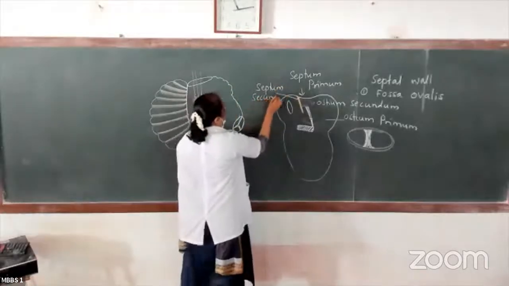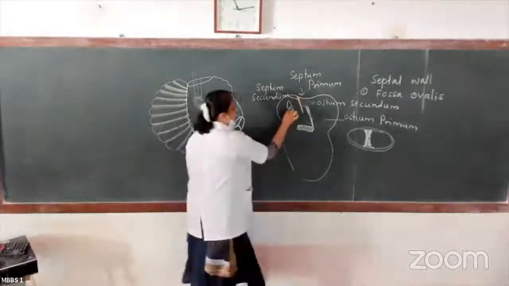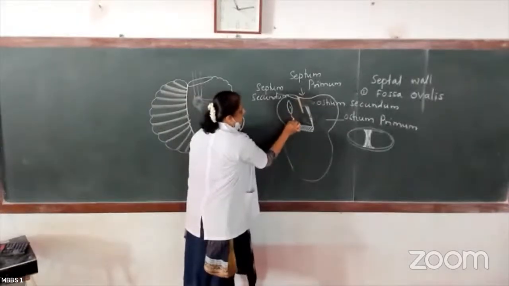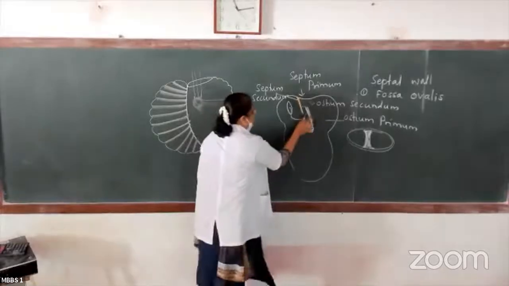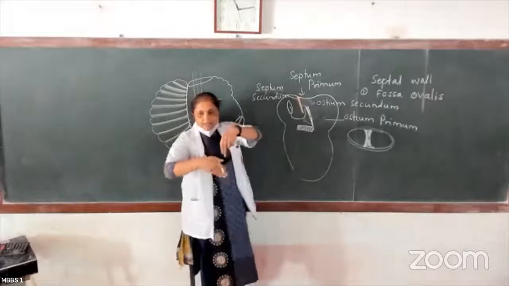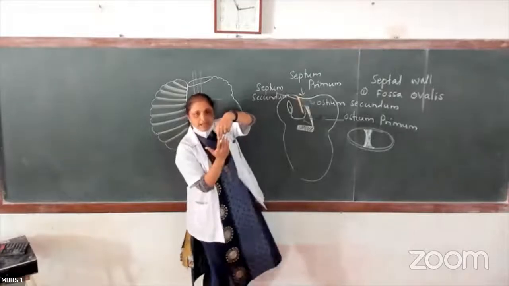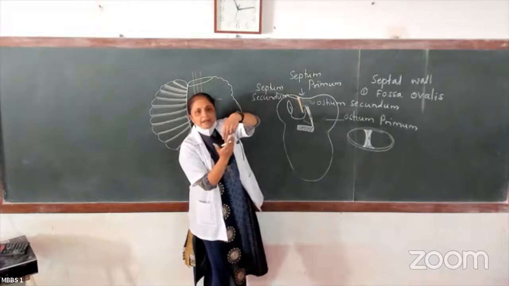Now what is the route for the flowing blood? The blood is coming from the opening of the sinus venosus. It passes from the inferior edge of the septum secundum, ascending upwards to the gap between the two. One flap is the septum secundum, the other flap is the septum primum, and there is a gap between the two flaps.